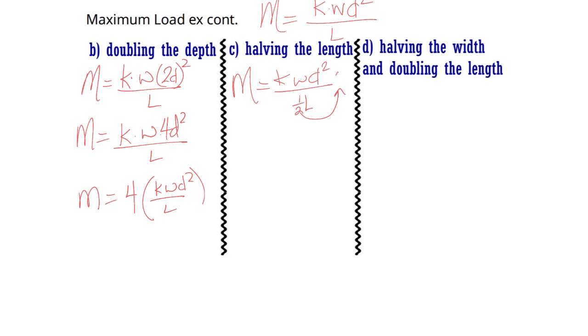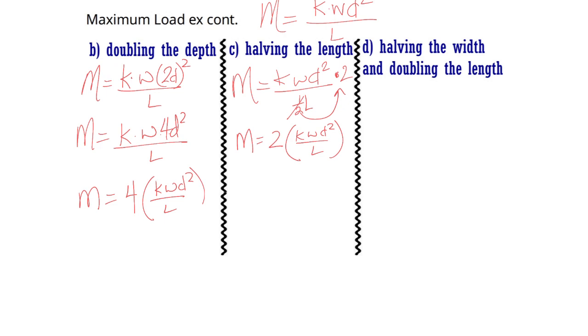It's the same as multiplying by a 2. So dividing by 1/2 is the same as multiplying by 2. So this times 2 is what I would be factoring out front on this. And then I would have the KWD squared over L. So actually, if I half the length, then my load is going to end up being twice as much as what it used to be.